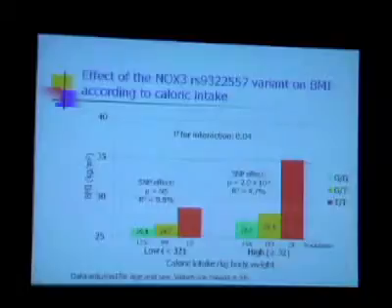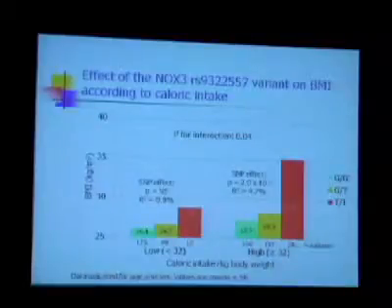First, with our NOX3 SNP in the Quebec Family Study, we tested to try to find some interaction with several SNPs in this gene and the other candidate genes that I showed you earlier. In the case of that particular SNP, we found evidence of interaction with caloric intake expressed per kg of body weight.